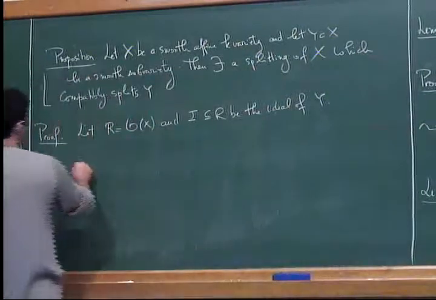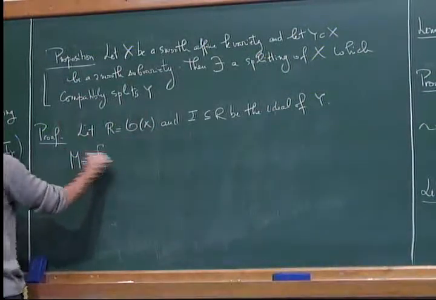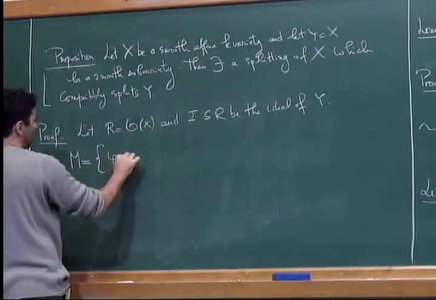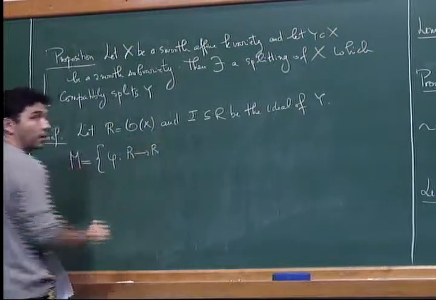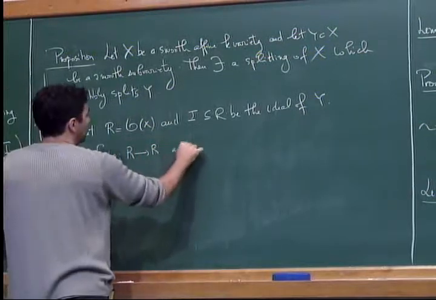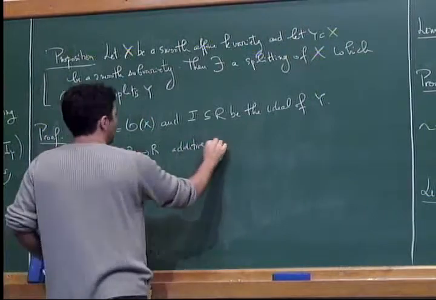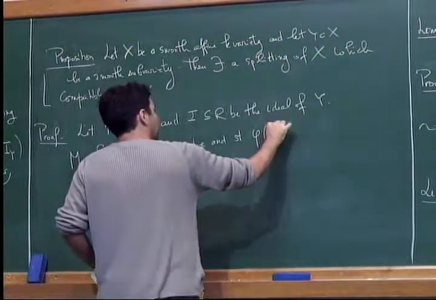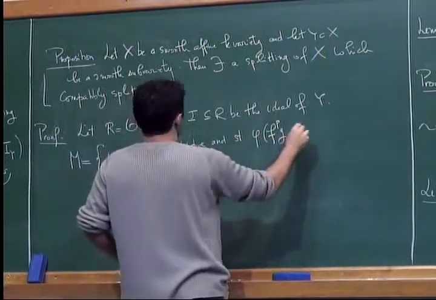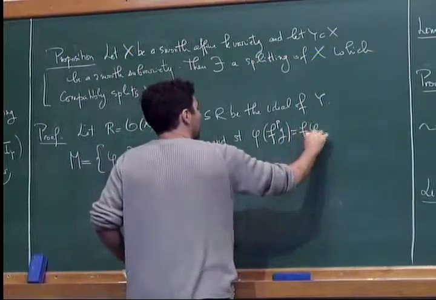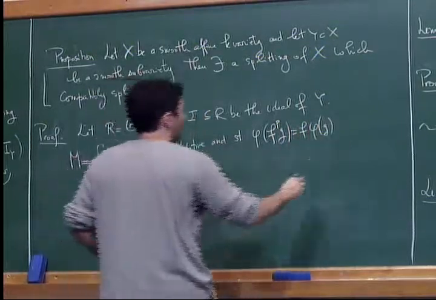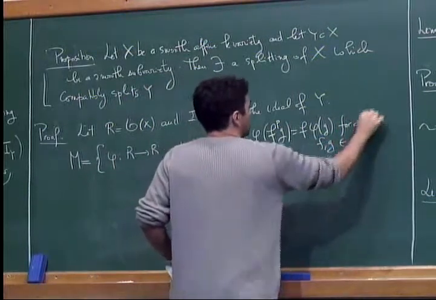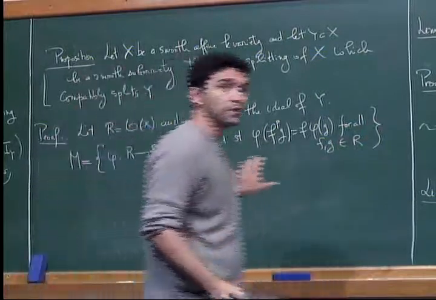So you consider now M. This will be an R-module: the maps from R to R that are additive and such that phi of f to the power p times g is f phi of g for all f and g in R. So this is not really a splitting.